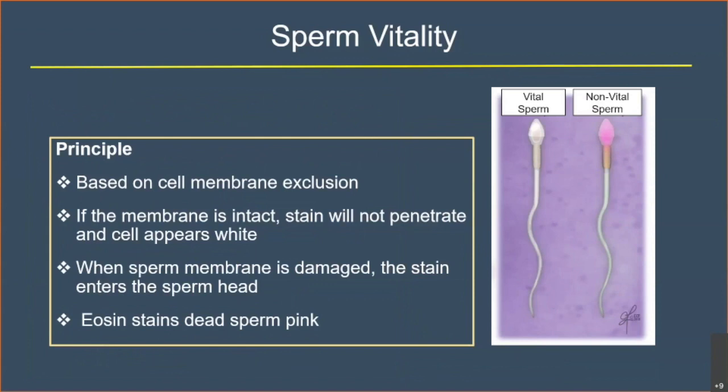However, when the sperm is damaged or the membrane is damaged, the stain starts to enter the sperm and the sperm head will stain, and eosin will be shown in the sperm as a pink color stain. And on to the right are the stains showing the vital sperm, which is not stained, appears white, and the stained sperm, which appears pink. Next slide, please.